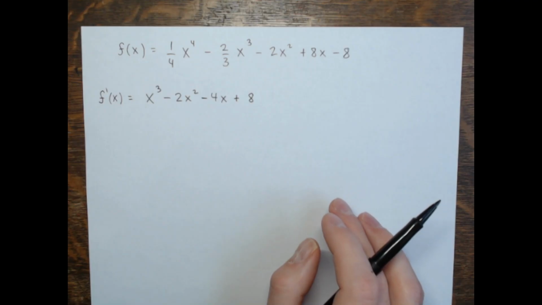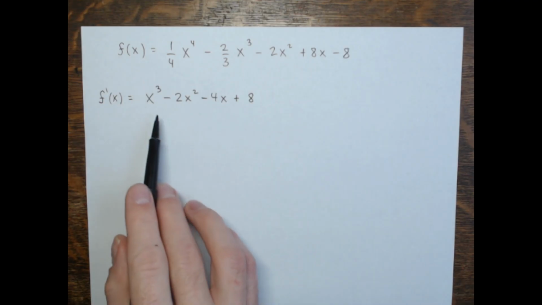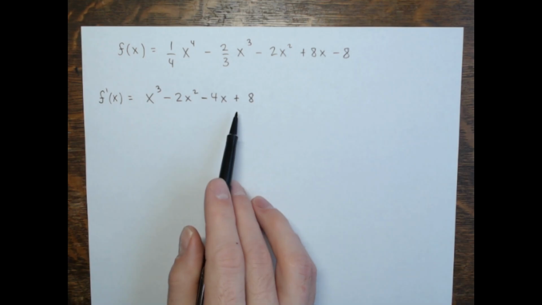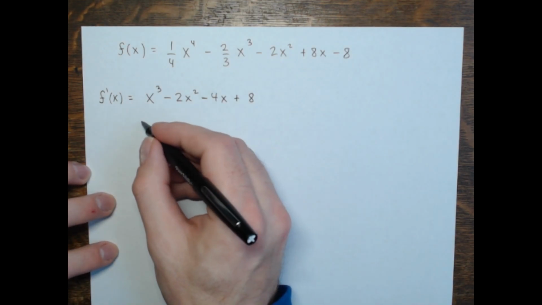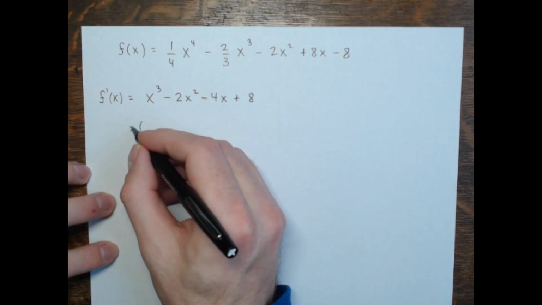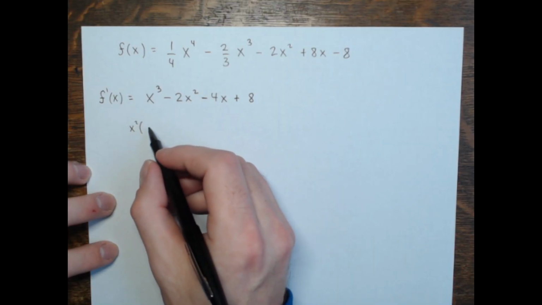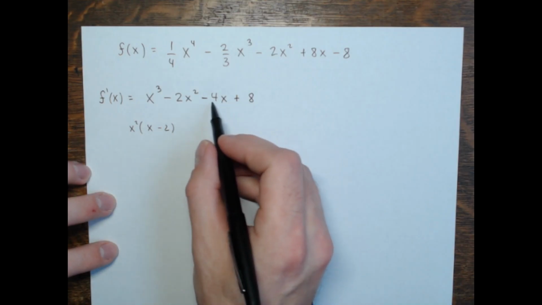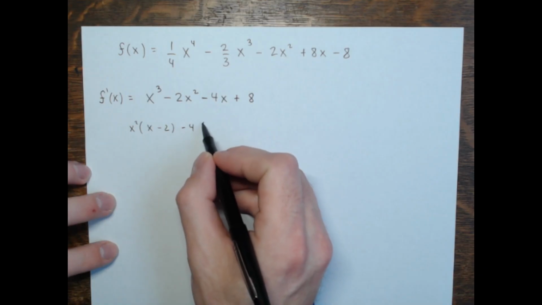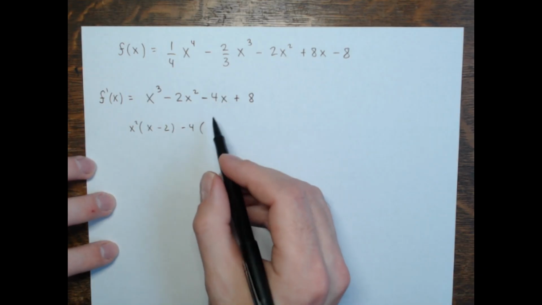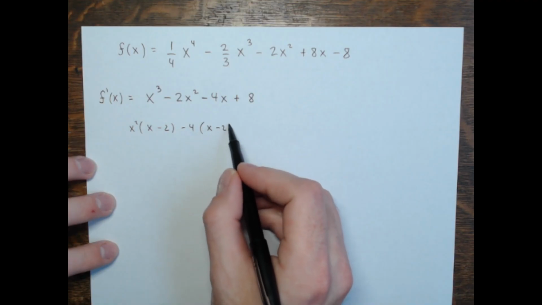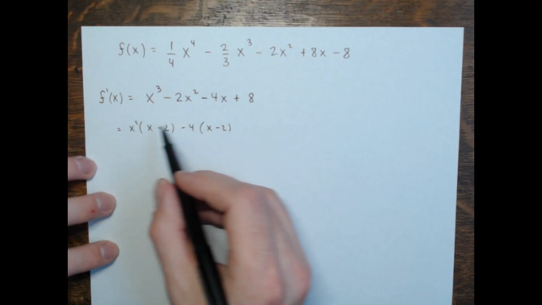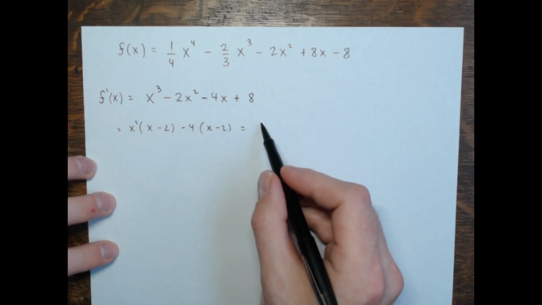Okay, this one here is actually factorable by grouping. So if I pulled x squared out of the first two terms, you'd have x minus 2 left over. And then if I pulled a negative 4 out of the next two terms, you'd have x minus 2 again left over. And then you can factor x minus 2 out of both of these.